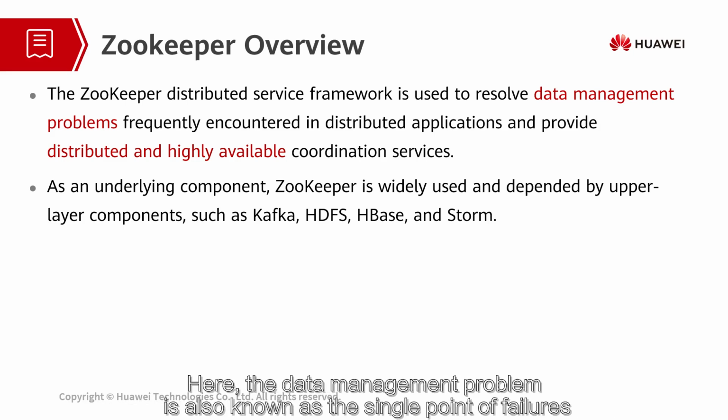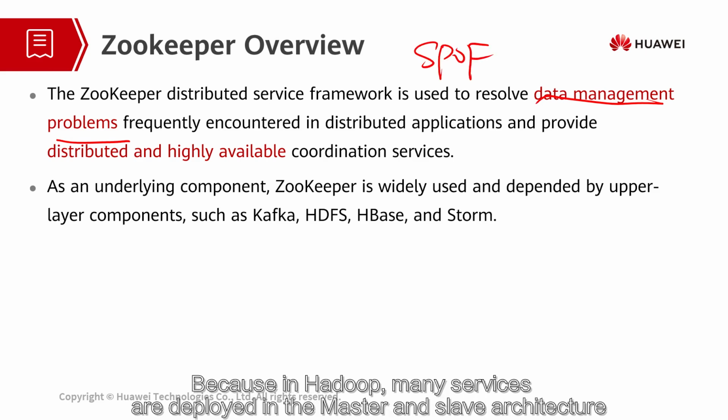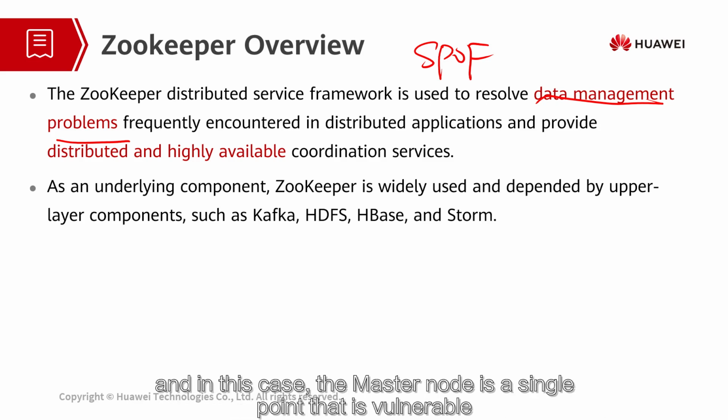Here, the data management problem is also known as the single point of failure. Because in Hadoop, many services are deployed in the master and slave architecture, and in this case, the master node is a single point that is vulnerable.